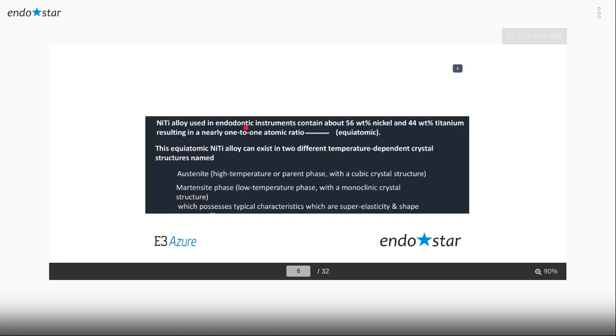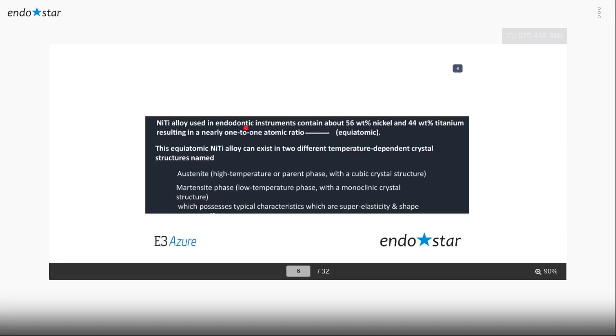But to be more clear, this equiatomic nickel titanium has two phases. We have the same percentage, same everything. We will standardize it: 56% weight of nickel and 44% titanium. But there are two phases, the austenitic and martensitic phases.